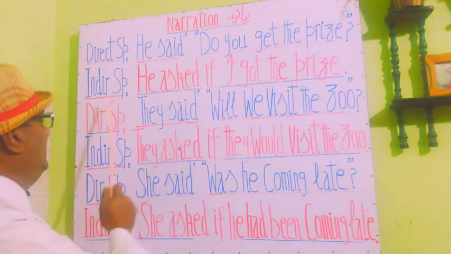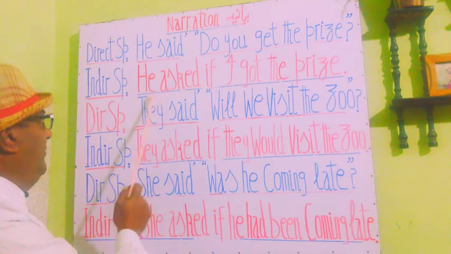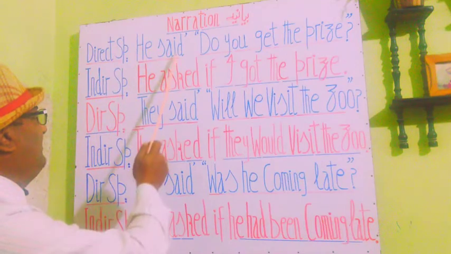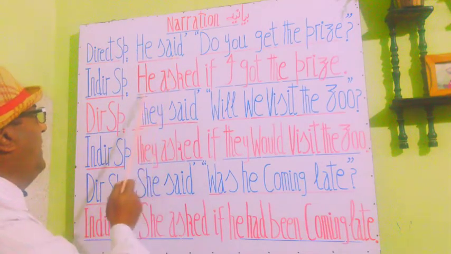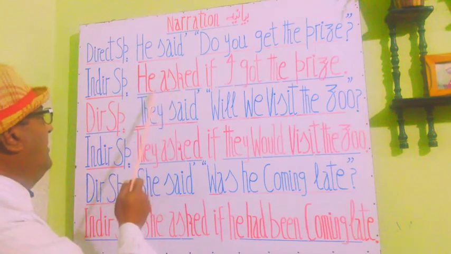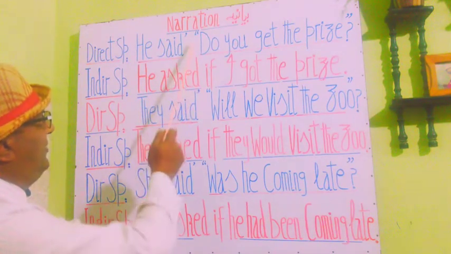Let's see its change. Here's the indirect speech. Here you see he asked. We have put here asked instead of said. We can write said, and to beautify the phrase we have written here asked. He asked, and after this you see the commas.